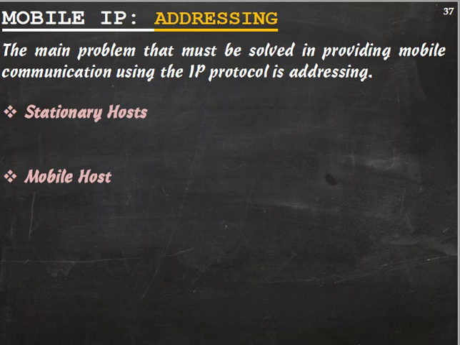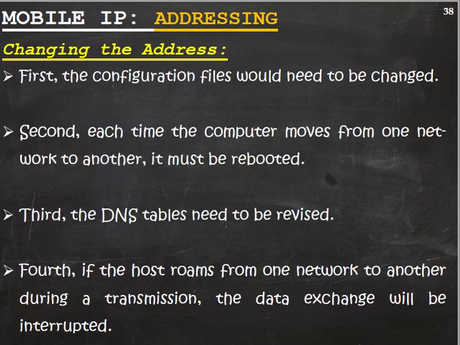One is changing the address, that is, when we move from one location to another, the address has to change. The second option is to have two addresses: one within the home network and one more when it moves away from the network. That is with respect to the mobile host.